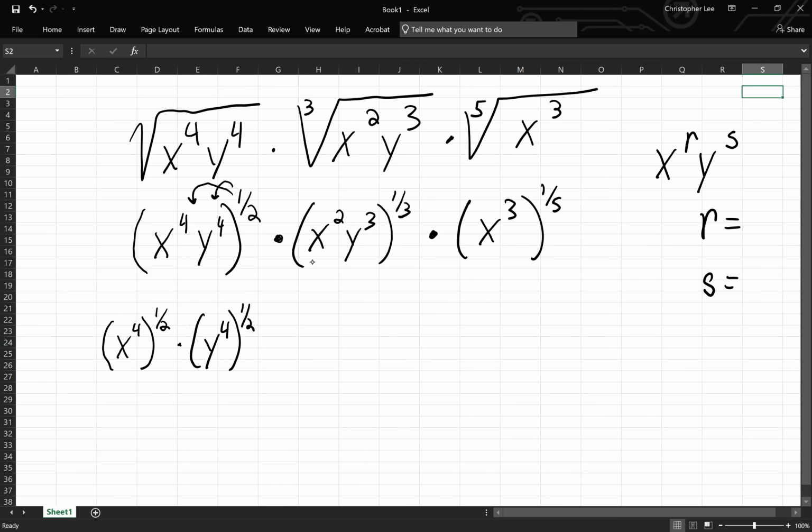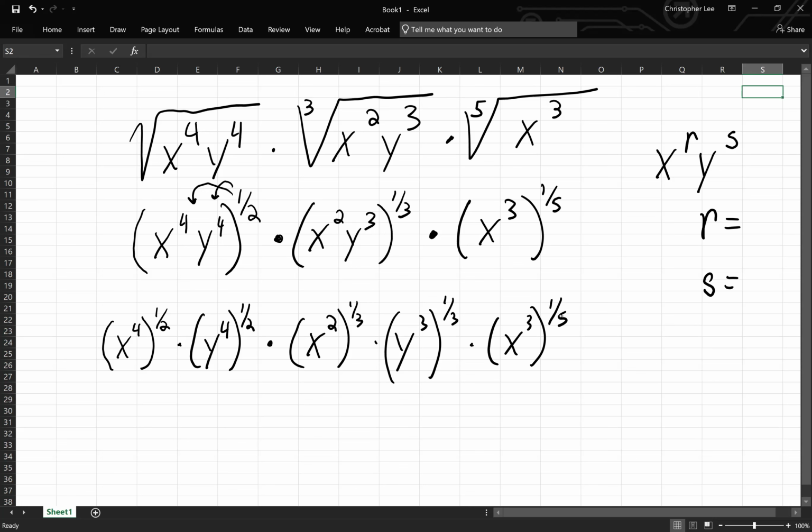And do the same thing to the other ones: times, open parentheses, x to the second raised to the 1/3 power times y to the third raised to the 1/3 power. And I'm just going to keep the last one the same: x to the third raised to the 1/5 power. So I hope it's a little more clear that each one individually is getting that individual power.